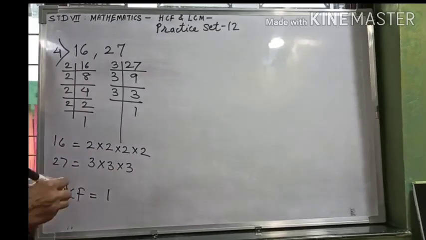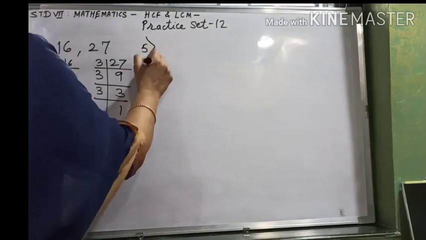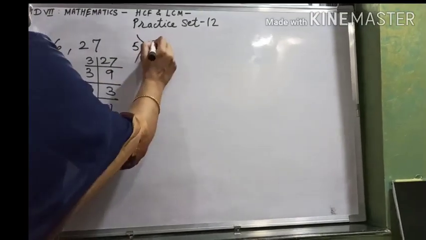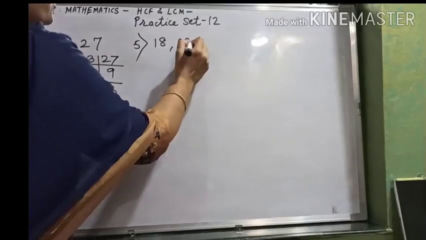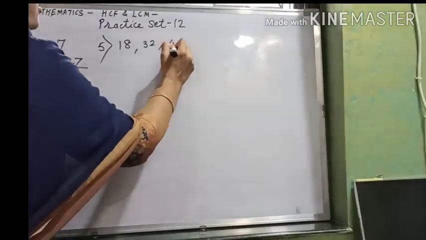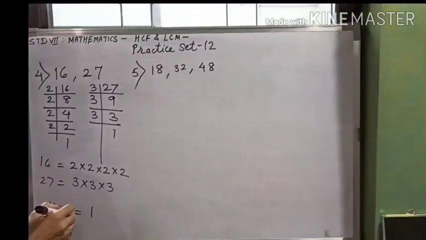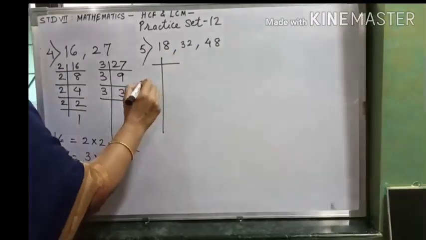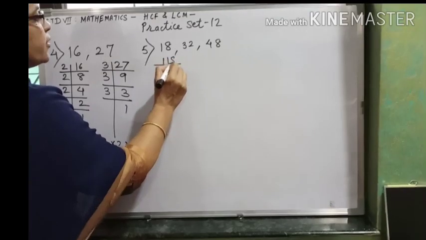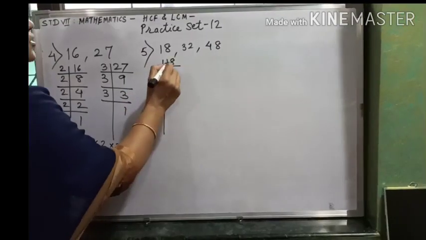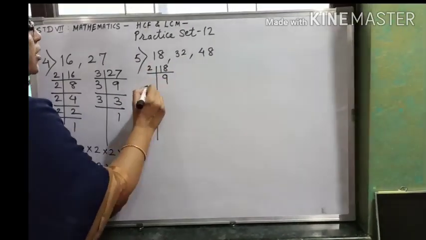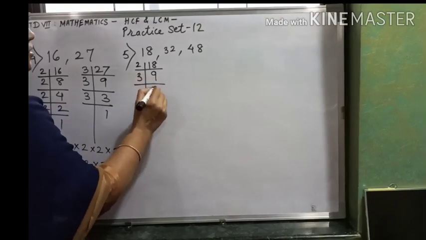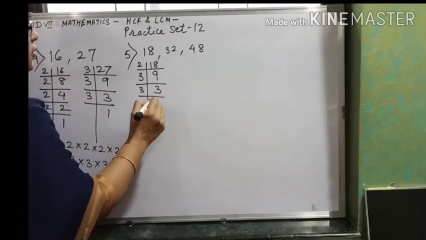Now, let us solve the fifth example. To find out the HCF of 18, 32 and 48. Now, again we will find the factors by the same method, prime factorization method. It is divisible by 2, 2 nines are 18, then 3 threes are 9, 3 ones are 3.